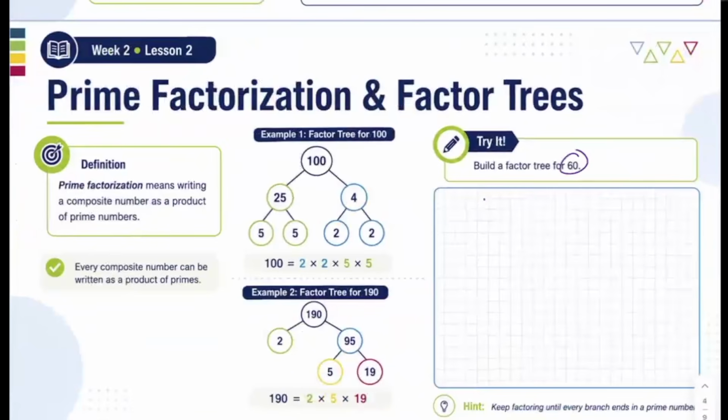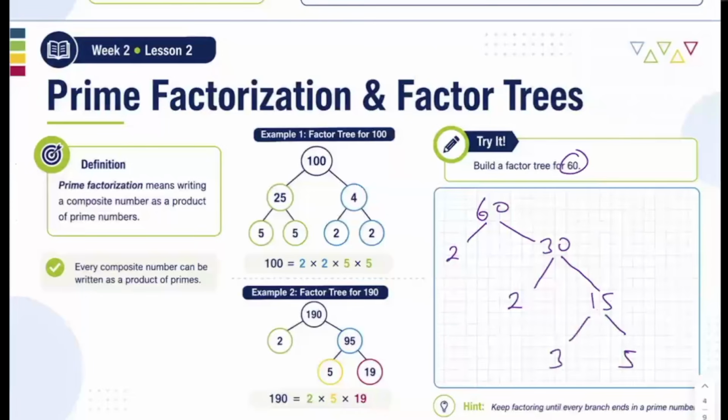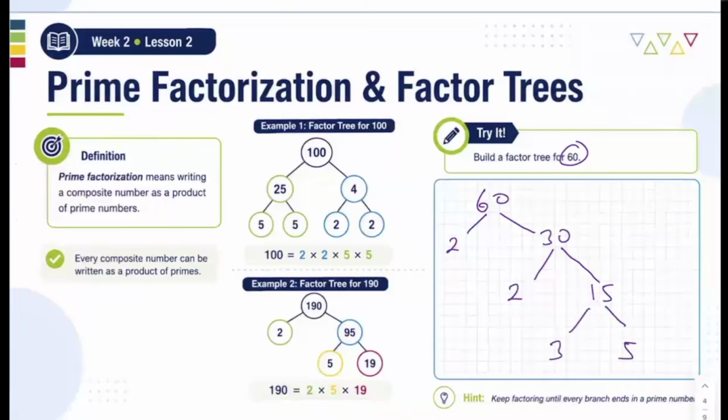You can do this way. 60 divided by 2 is 30. 30 divided by 2 is 15. 15 divided by 3 equals 5, and 5. Then how do you write this? 2 times 2 times 3 times 5, which is 2 squared, 3, and 5, right? You can do it that way.